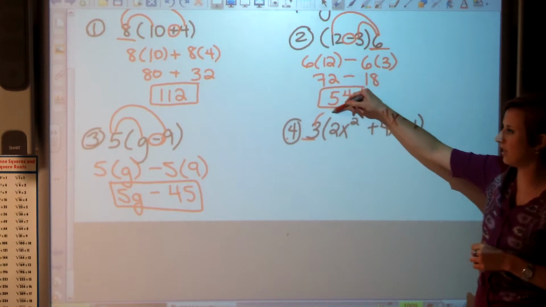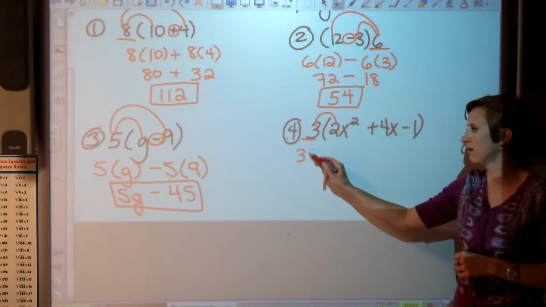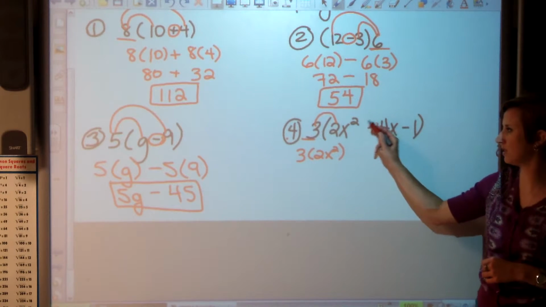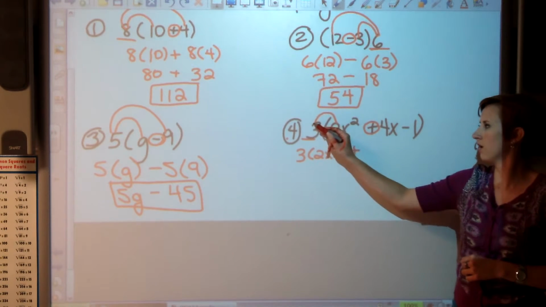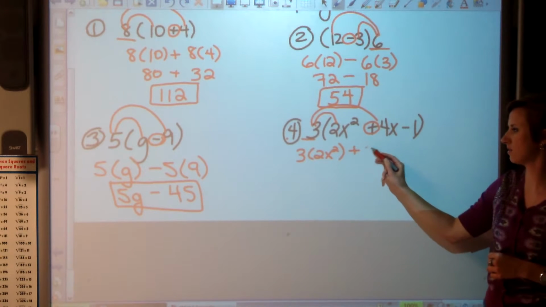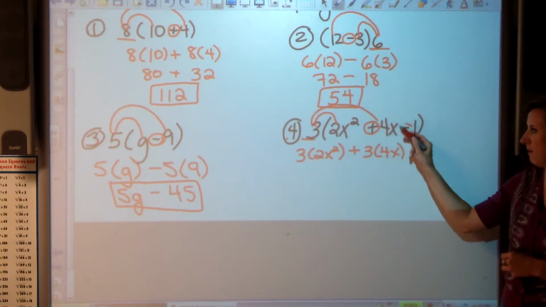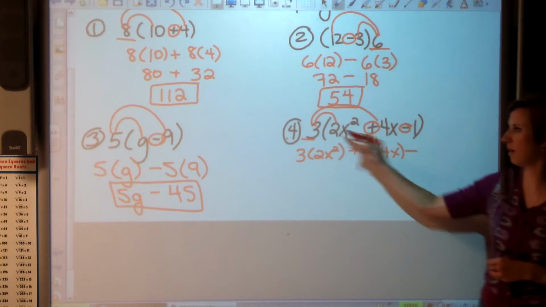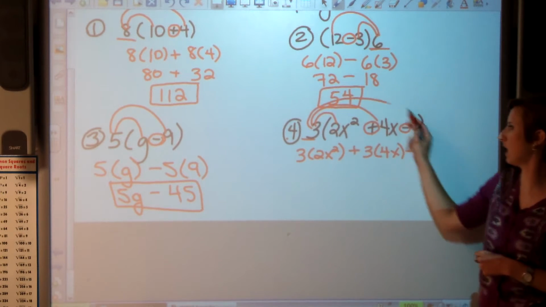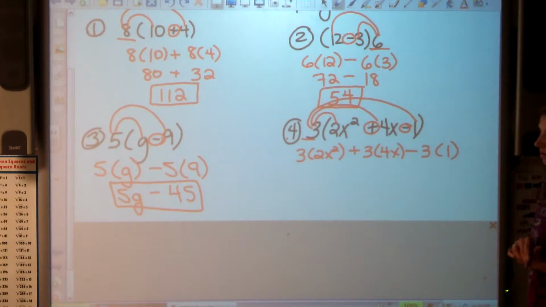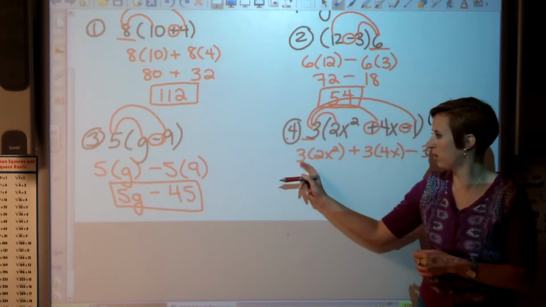So 3 times 2x squared. All right, drop down my plus sign. 3 times 4x. And then I'm going to drop down my minus symbol. And then my last rainbow is 3 times 1. Okay?